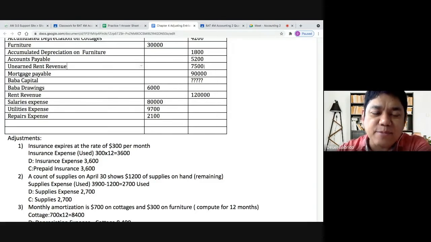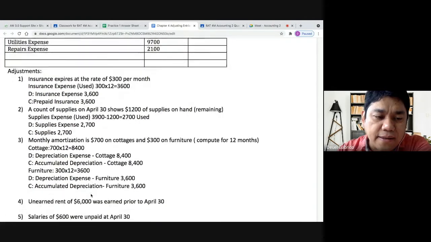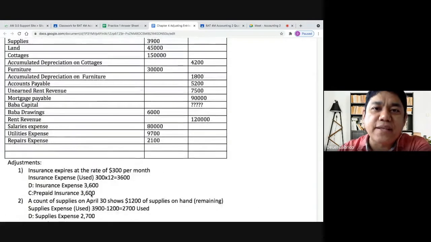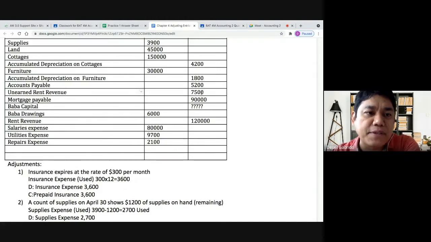I think this is probably not only 1 year, because it says here that the yearly is in advance. It could be more than that. They did not specify the period, but they say that they gave us an advance payment of 7,500 for the rent.